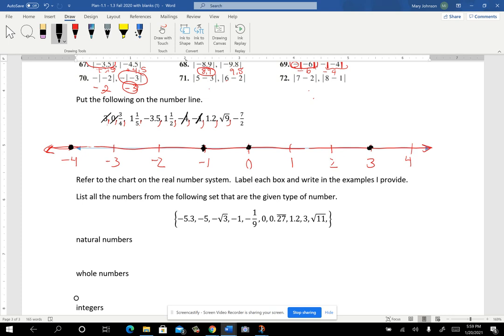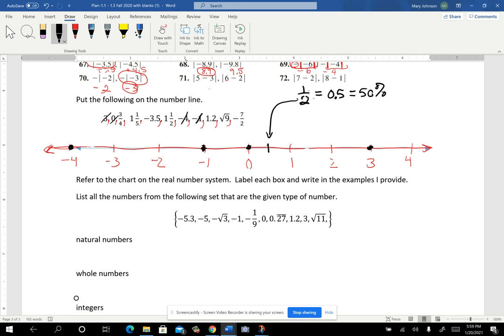Think about a more common fraction, like a half. You work with half a lot. So half is the same as the decimal 0.5, and that's really the same as 50%. All of those mean the same thing. They all mean a half, and they all have one location on the number line, which would be right here.